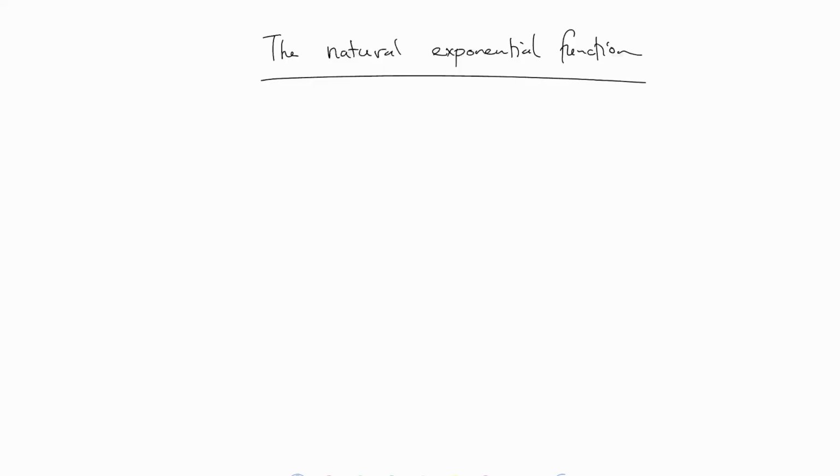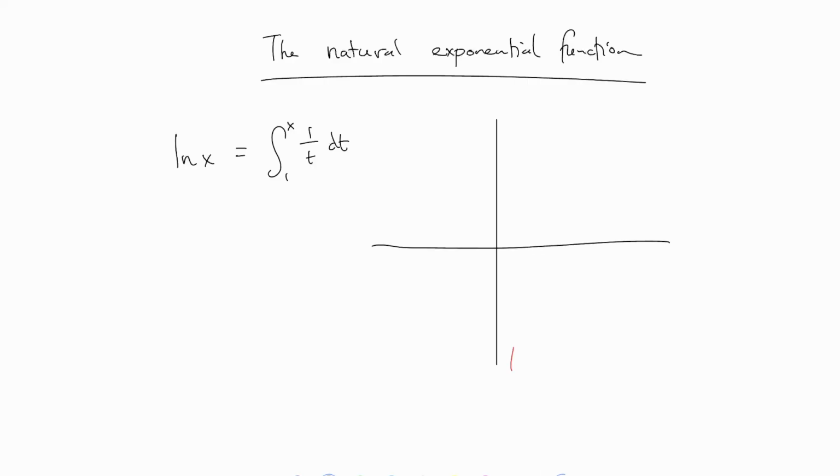But anyway, recall we start with the natural log of x, which has this as its definition, the integral of 1 over t dt. And we talked last time about the graph of this. I will refresh our memory. It looks like this.